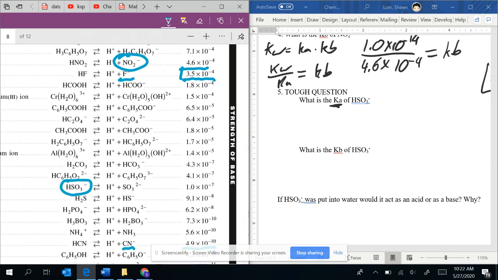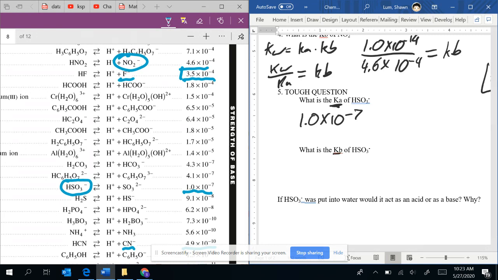So I then write down this number right here, which happens to be 1 times 10 to the negative 7. So what is the Ka of this? 1.0 times 10 to the negative 7. Okay, so that is the Ka of HSO3 minus. Now it says, what is the Kb of HSO3 minus?